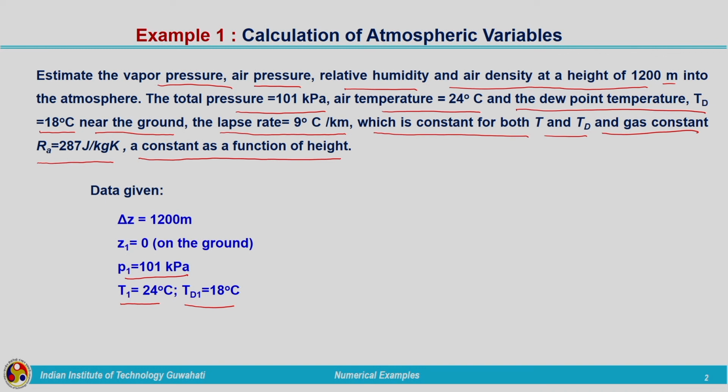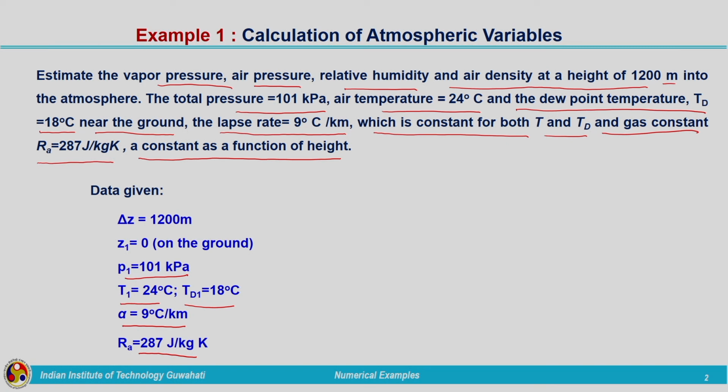These data are already given to us, and the lapse rate is given as 9 degrees Celsius per kilometer. You need to be careful with that unit, it is per kilometer. When we are converting it into SI units, it needs to be converted to meters. And Ra is given as 287 joules per kilogram Kelvin. These are the data which are given to us.